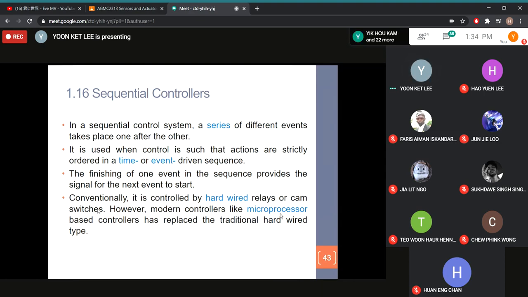However, for modern usage, since we have microprocessors, and the microprocessor is so powerful that it can replace all the wired types, for example the counter or the timer. Inside the microprocessor, they actually have 2 functions, counter and timer. We no need a physical component to do the recording because it is replaced by the microprocessor.